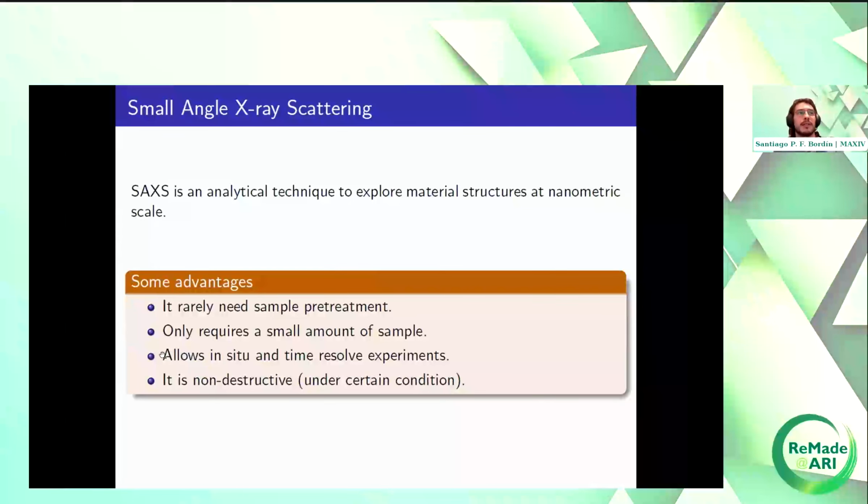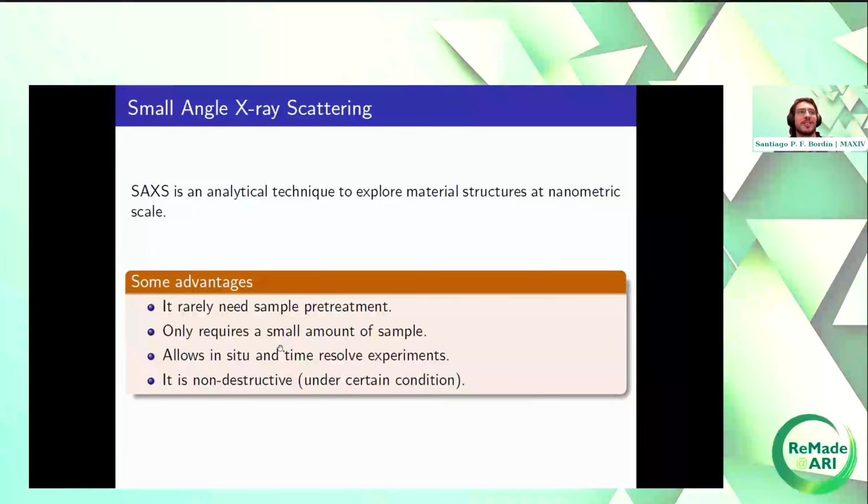This is quite important, that it allows in situ and time resolved experiment. We can have a really complex sample environment, like a magnetic field, temperature, pressure, rheology, and combine with time resolution, so we can follow the process of reaction or interaction between samples.